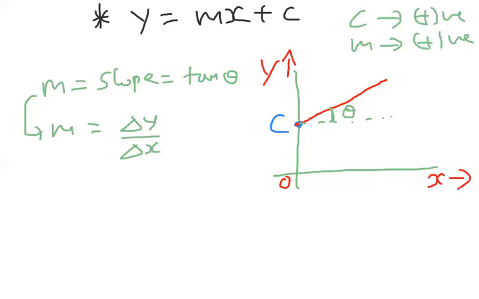And here we have to understand y-intercept positive means the graph touches the positive y-axis. Like that we can explain the graph for y equal to mx plus c. Now suppose we take the next one, y equal to mx minus c.